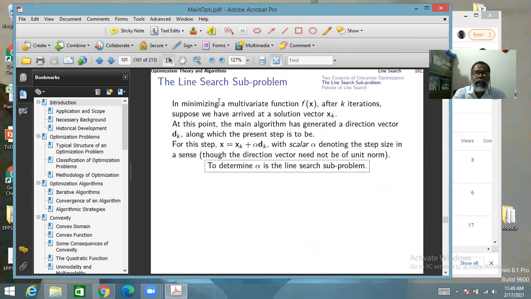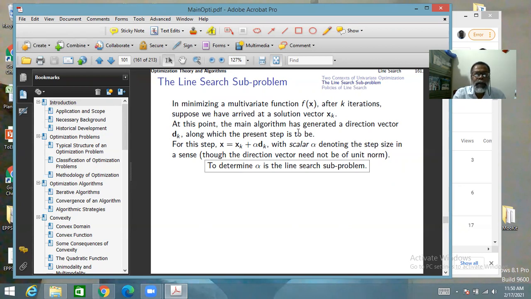After k iterations are over, we are sitting at xk, which is a vector, the kth iterate point. At this point, the main algorithm has generated a direction dk, hopefully a descent direction, along which the present step is to be taken. So for this step, x will be xk plus alpha times dk, and we want to determine alpha. This scalar alpha denotes the step size in some sense.